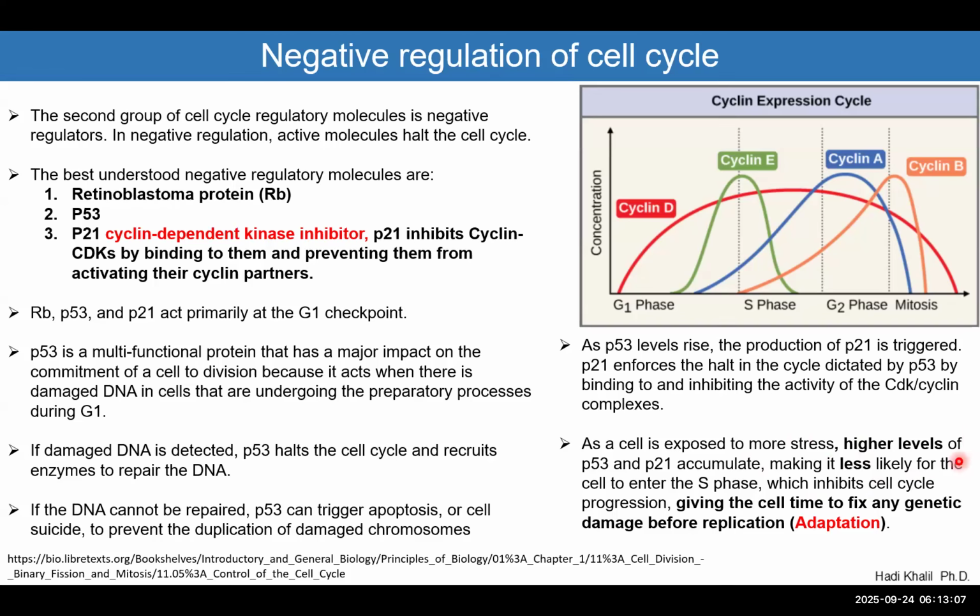Now, when those two accumulate in the cell, it's less likely that the cell will enter the S phase. And you can already tell why, because p21 is going to bind to the kinase that activates cyclin E, right? If p21 is elevated, then the CDK is blocked, and then cyclin E cannot signal that the cell is ready to transition from gap 1 into the S phase.